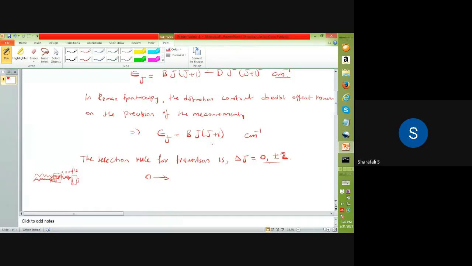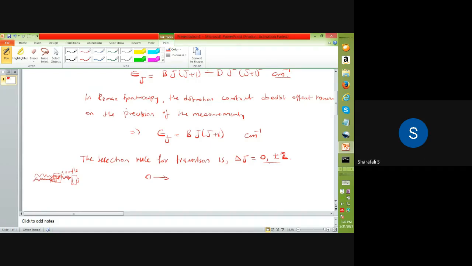So there is no rotational energy change.